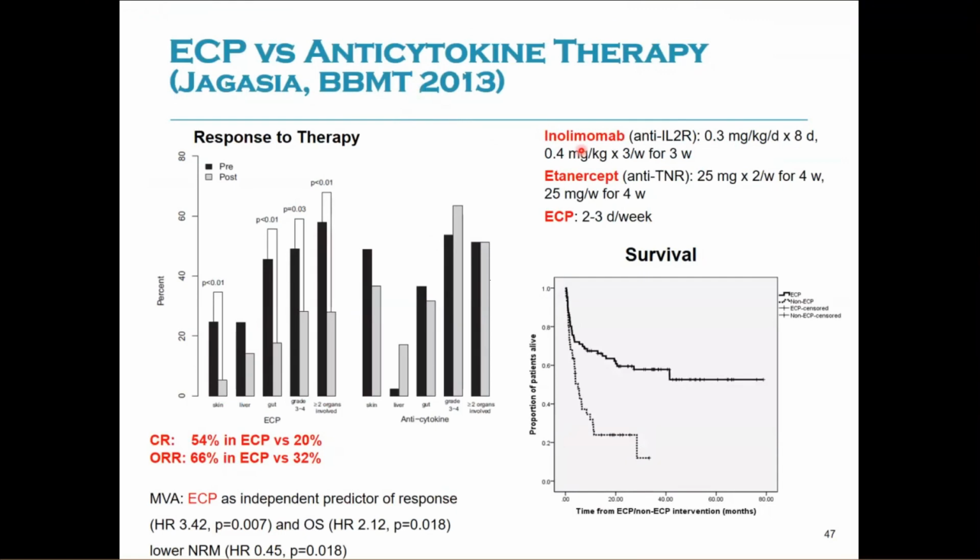The complete response was 54% in the ECP arm versus 20% in the cytokine arm, and the overall response rate was 63% in the ECP arm versus 32% in the anti-cytokine arm. In the multivariate analysis, ECP was an independent predictor of response and overall survival with a lower non-relapse mortality.